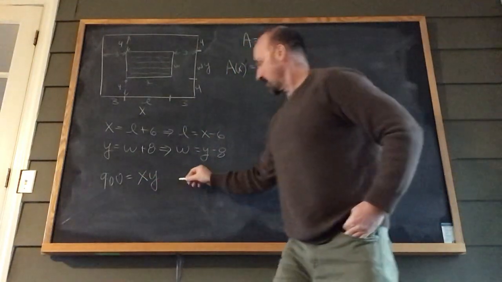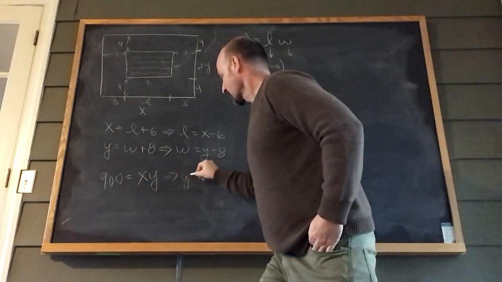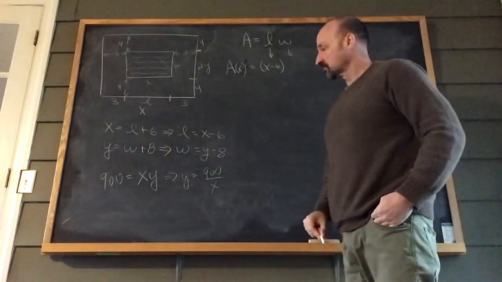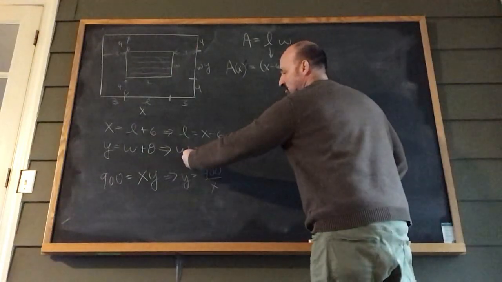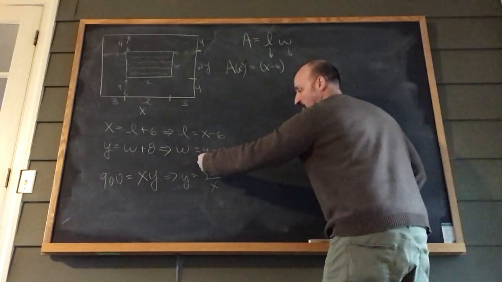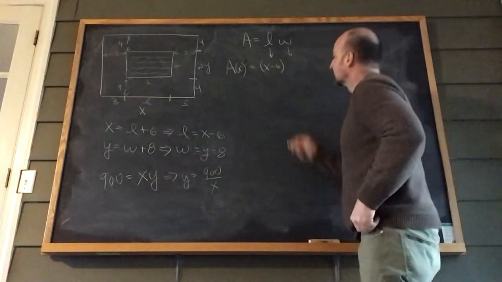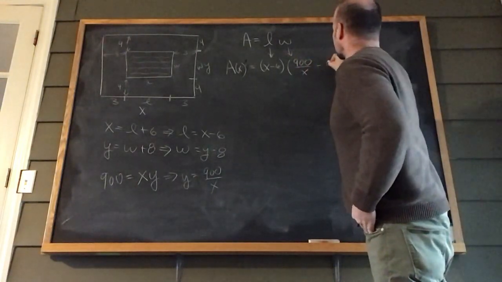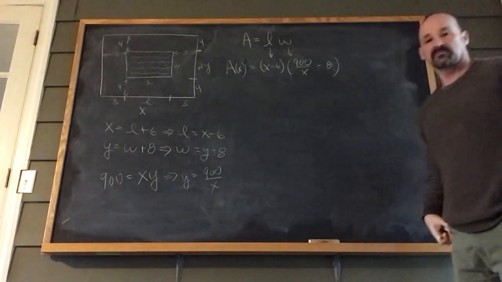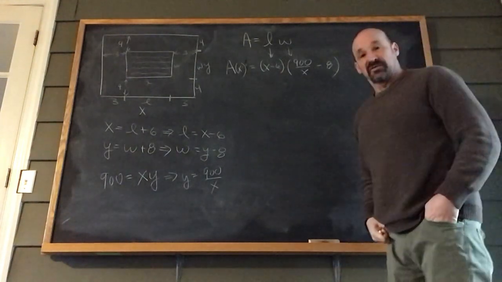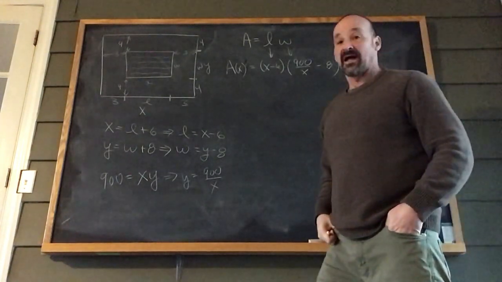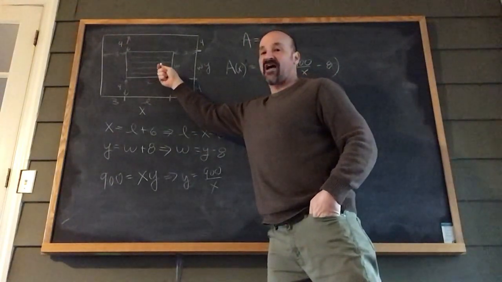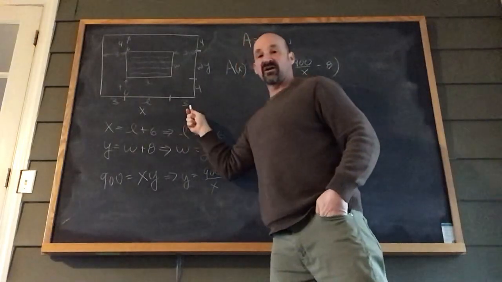So y is 900 over x, which means I can write W as 900 over x minus 8. So we've done what we were asked to do, and that is come up with a mathematical model that gives the area of that printed region in terms of this variable x.